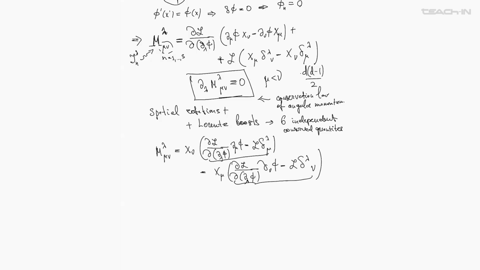And so this expression, therefore, can be written as x_ν times the component of the stress tensor T^λ_μ, minus x_μ times the component T^λ_ν, where T^λ_μ is the stress tensor for a scalar field.